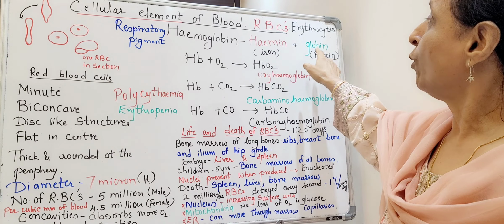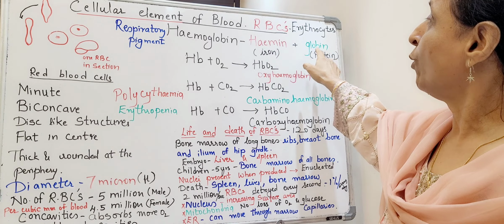No nucleus is present, no mitochondria is present, because if mitochondria were present, the oxygen would get oxidized here. Energy would be produced, but they need not produce energy. They have to carry the oxygen to the cell for production of energy. So they give up mitochondria.